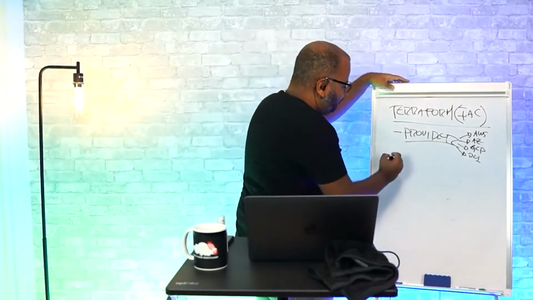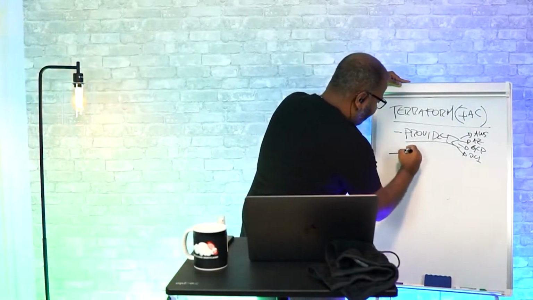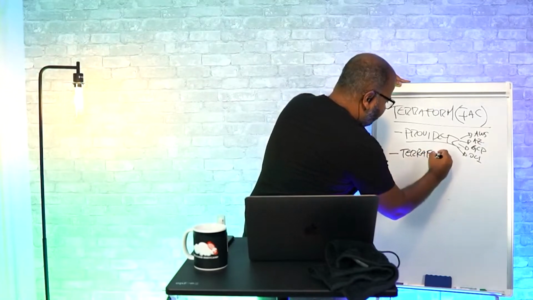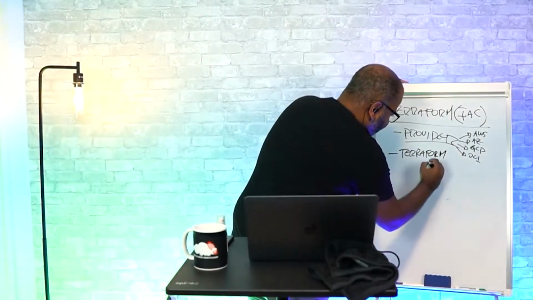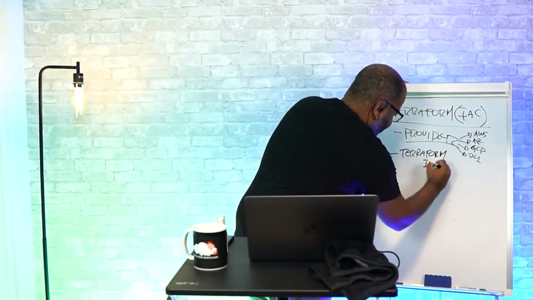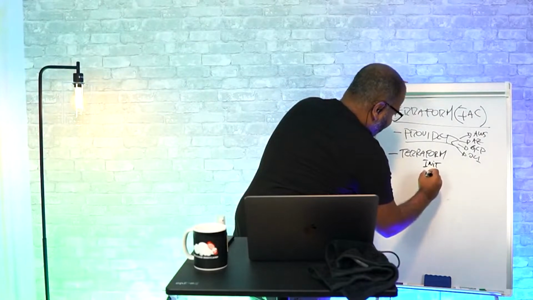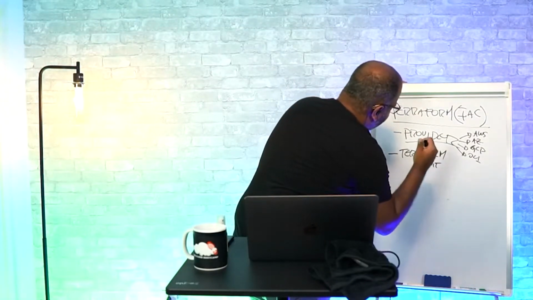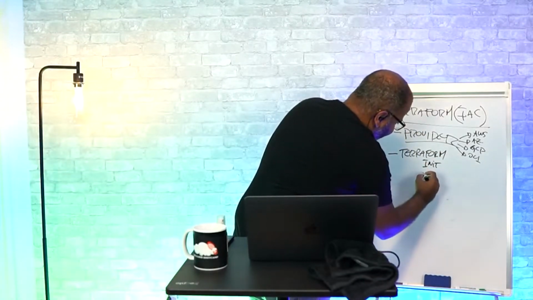And then also, I want you to understand a few common commands that we're going to use today. We're going to use basically 3 commands that I want you to learn so that you are familiar. The first one is going to be the Terraform init. The last one is the Terraform Apply.